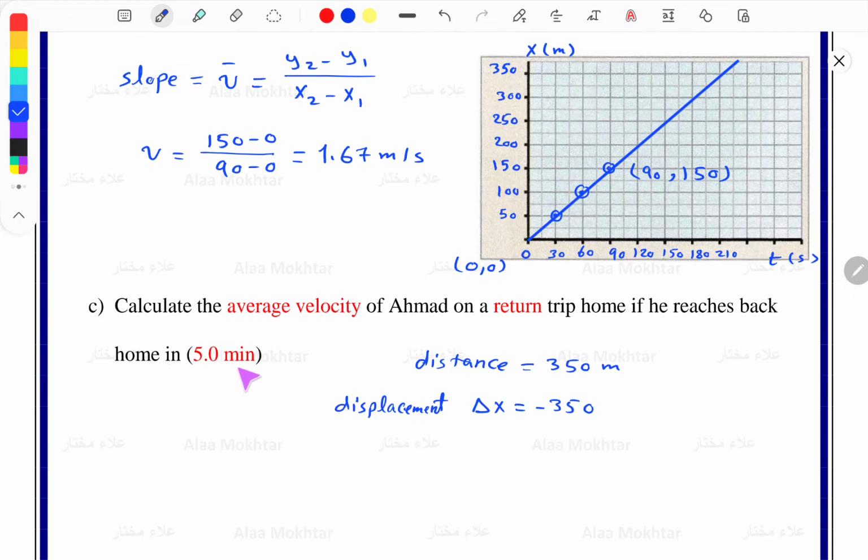The time taken in this trip is 5 minutes. 5 minutes times 60, it will be 300 seconds.